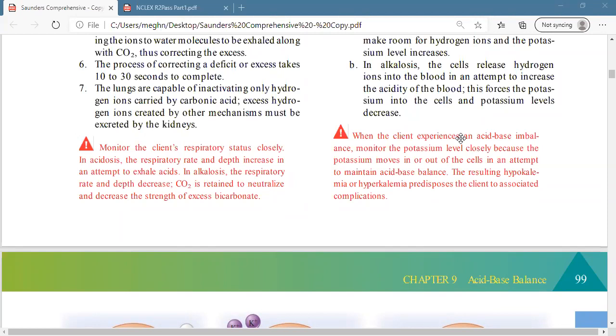Both are dangerous. Patients die. So when any patient has an acid-base imbalance, maybe there is an electrolyte imbalance. So when any patient has a chance of acid-base imbalance, we have to monitor the potassium.